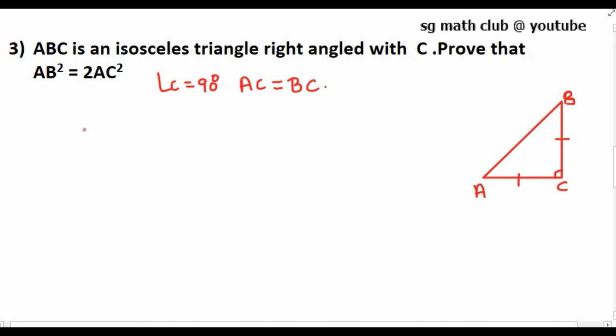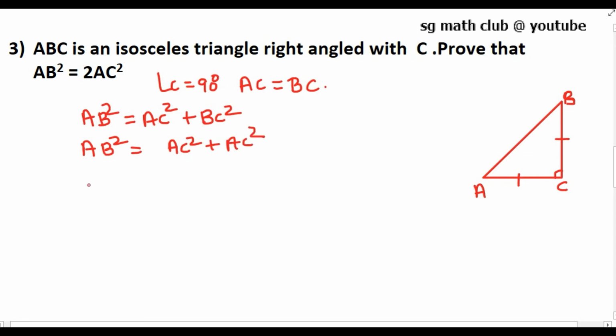Now since this is right angled at C, I can write by Pythagoras theorem, AB square is equal to AC square plus BC square. Therefore AB square, since these two sides are equal, I can replace BC with AC. So AB square is equal to 2 times AC square. This is what we need to prove.